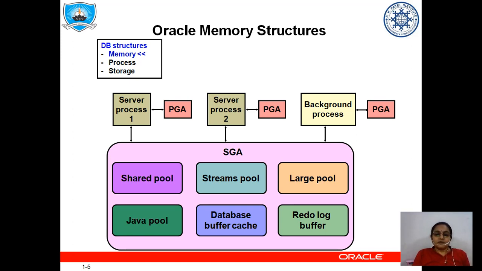Whenever a user performs a transaction, it is recorded by the database in the form of a transaction log. This log is managed and stored in the redo log buffer memory area.